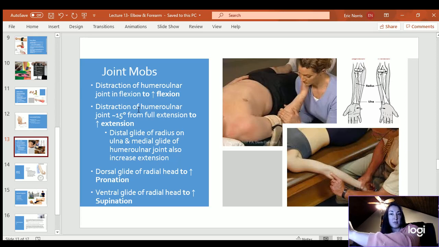It does a posterior movement. So a dorsal glide towards the back to increase pronation, and a ventral glide towards the front to increase supination. Those are your joint mobs for the elbow.